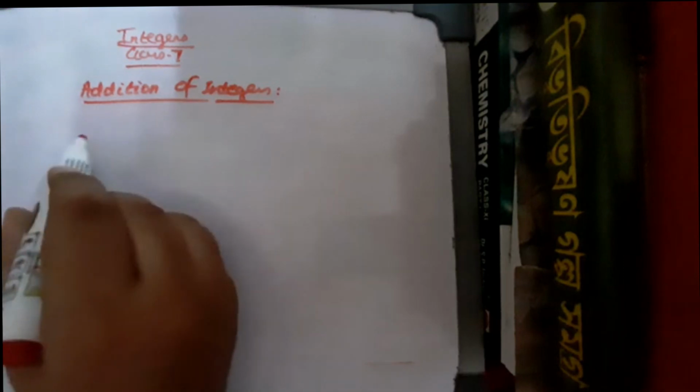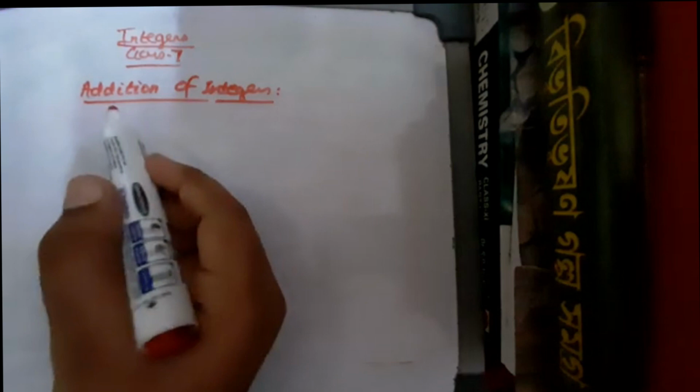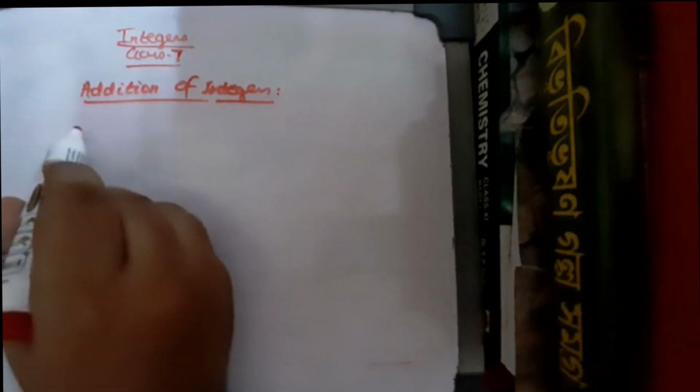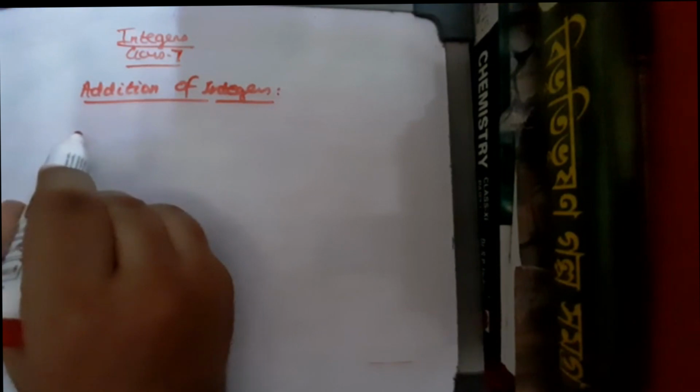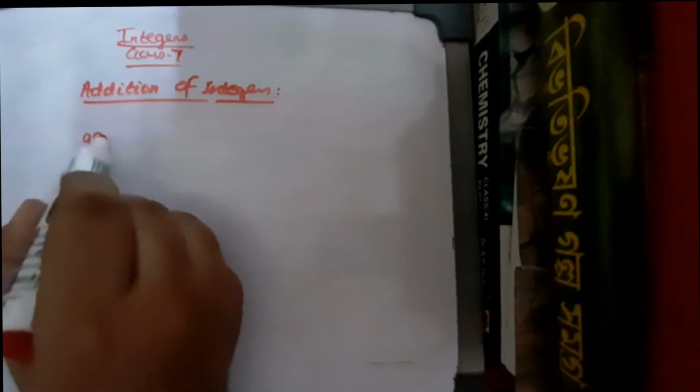So addition of integers. Before going on to addition of integers, let me remind you of addition of natural numbers, or addition of counting numbers, as you might also call them. Let's say you had 99 plus 27. How would you go about doing this?